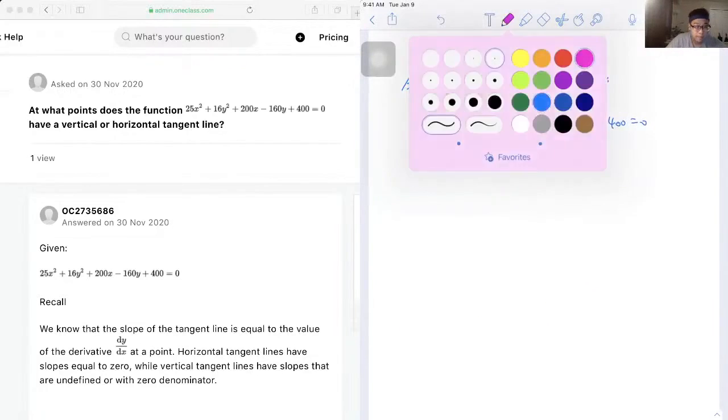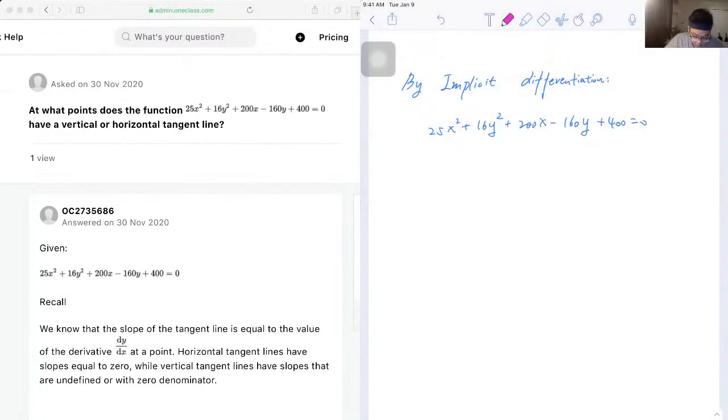Okay, so we have 50x plus 32y dy dx plus 200 minus 160 dy dx is equal to 0.